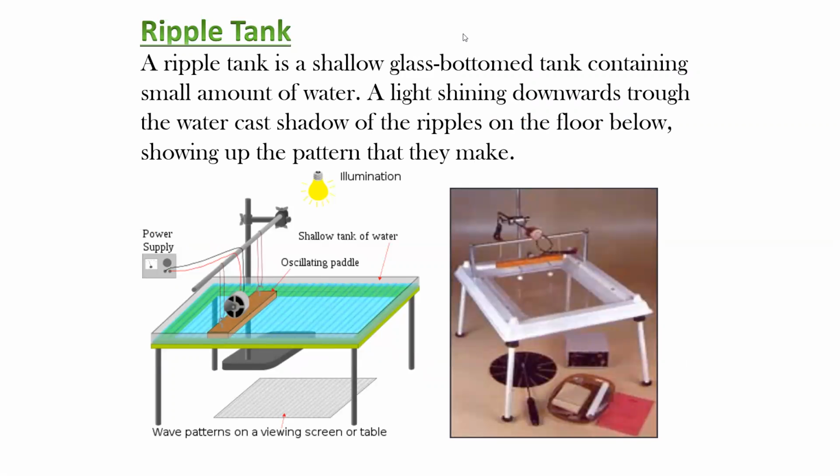What happens? This tank is filled with water. If you disturb the surface of the water, and you take a small or large object and move it up and down, you are disturbing the water surface. As you disturb the water surface, it will produce waves.